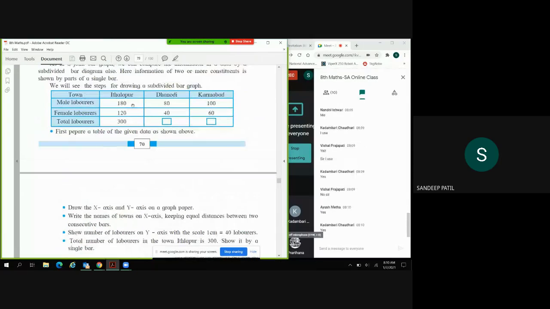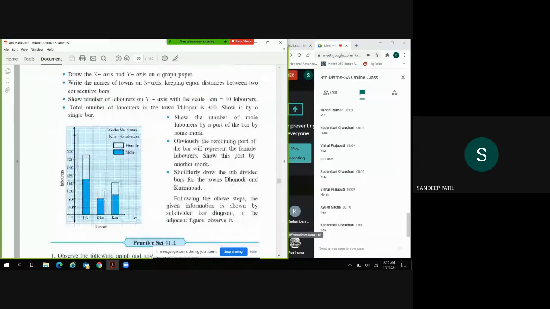You can take this data, town, male laborers, and show this in graphical representation in subdivided graph style, and try to get the same scale on the y-axis. You can draw this in Excel very easily. This is just for practice.